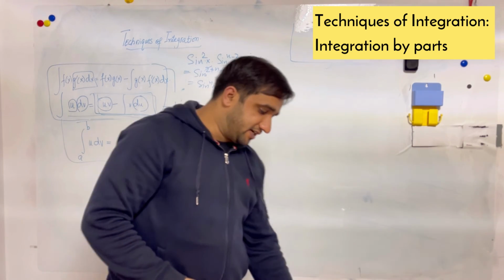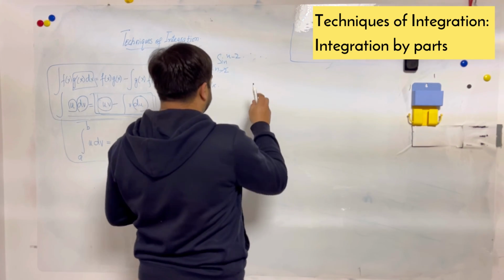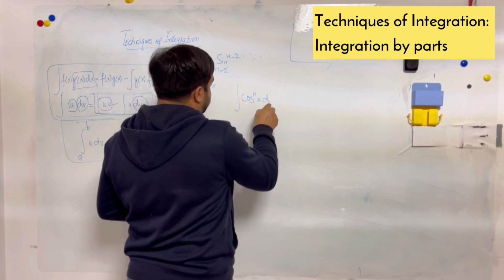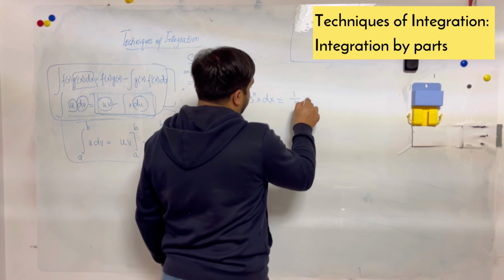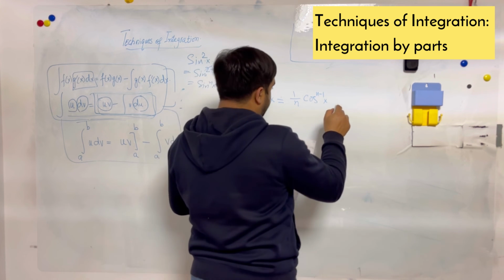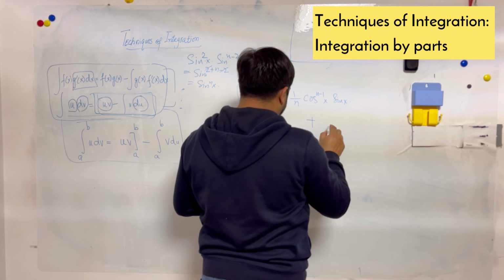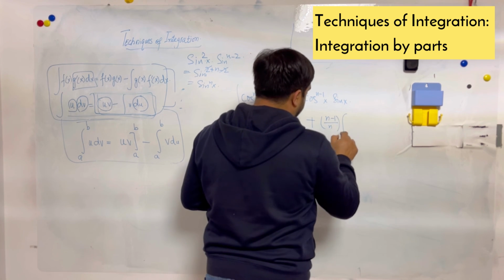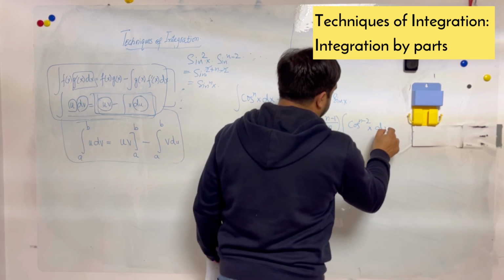The formula for cos will be a little different, only some minus plus and some terms in terms of cos. It is cos raised to the power n x dx equals 1 by n cos of n minus 1 x sine of x plus n minus 1 divided by n integral cos of n minus 2 x dx.